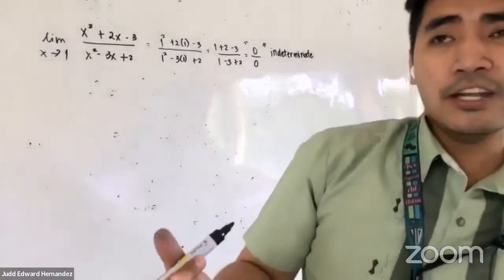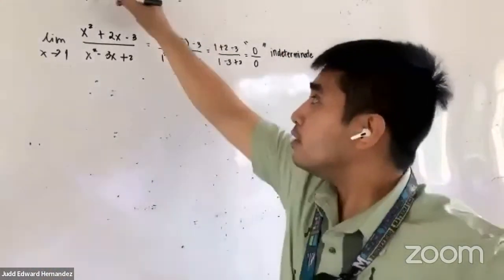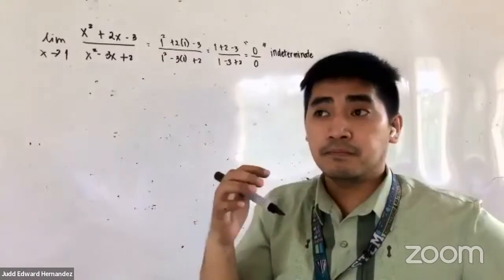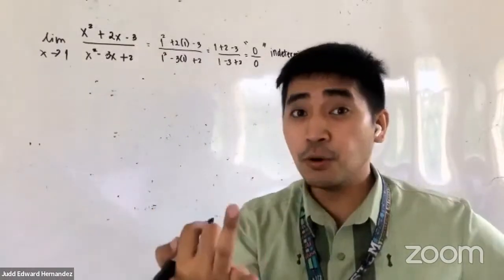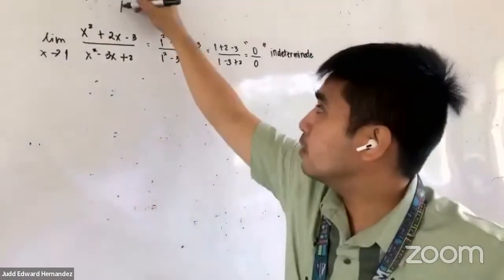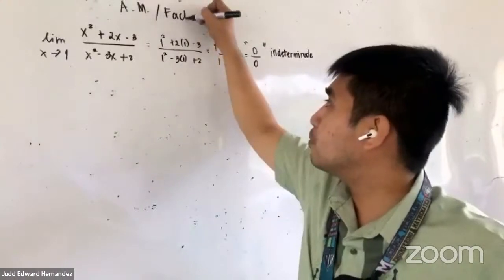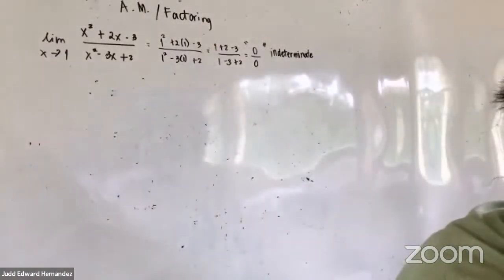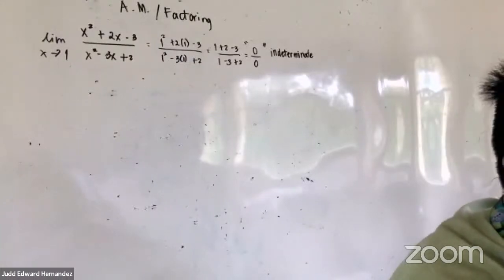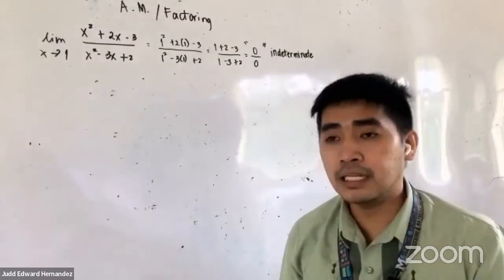Okay, Sir Judd, ano po ba yung mga pwede nating pamilian na solution? We call this algebra. Yung first method kasi natin would be algebraic manipulation or factoring. Solvable naman po yung mga limits natin.